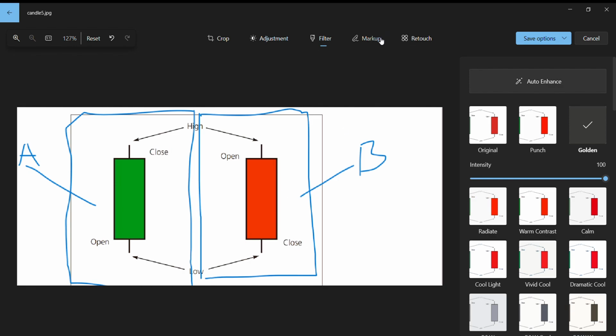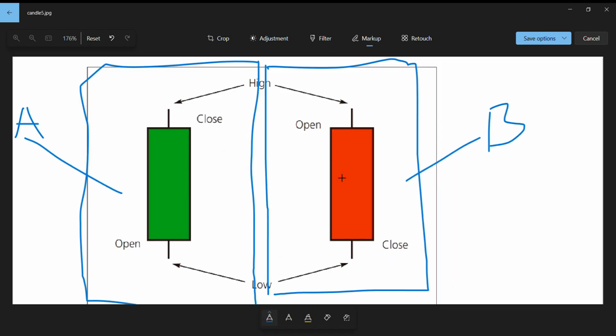Now, let me pick up my markup and show you something here. Now, we have seen the low of both candles, and we have seen the high of both candles. So we have no issue here now. Now, what is very important here is that this green candle, which is part A, represents the buy, B-U-Y.